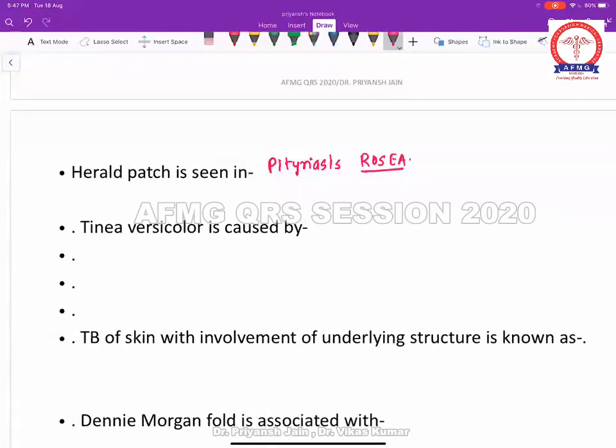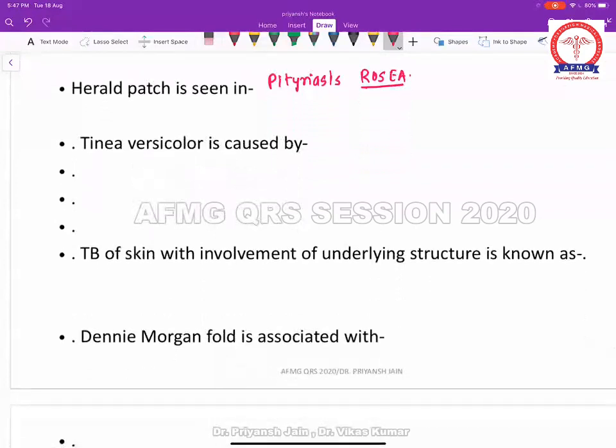Tinea versicolor is caused by Malassezia furfur.